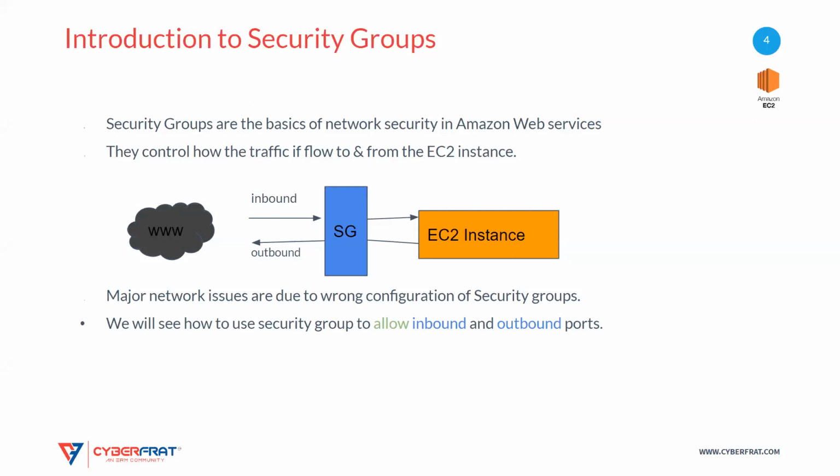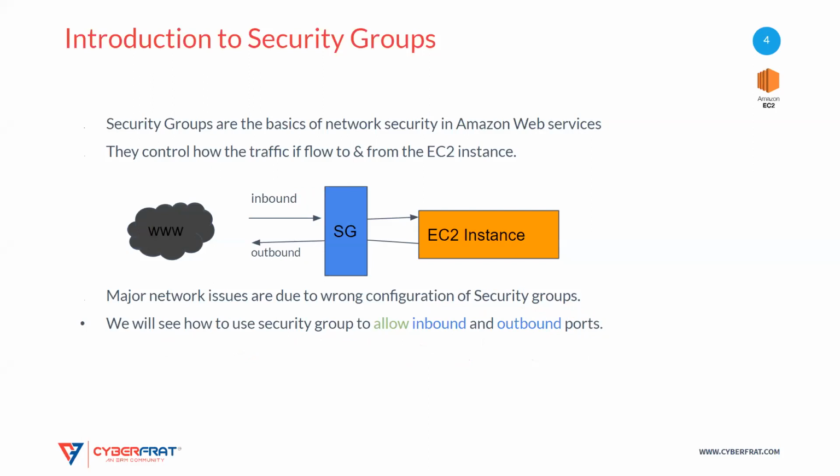So it's always better to write all the rules properly and carefully. We will see how to use security groups to allow inbound and outbound ports. After all these topics, we are going to spin up the EC2 instance one more time, and that will clear all your doubts on the topics we are covering.